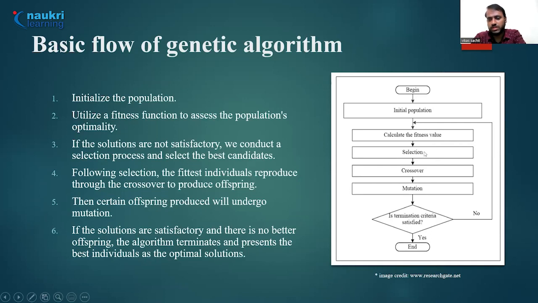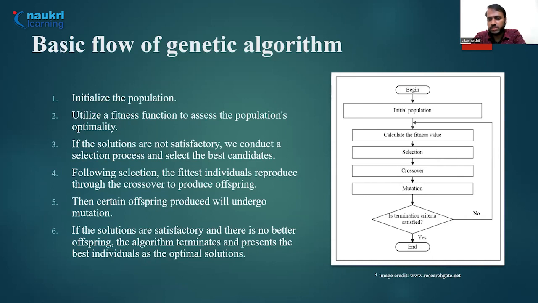After selecting the individual or chromosome which has the highest fitness score, we will do the crossover. After the crossover, we will do the mutation, like flip mutation or swap mutation. After the mutation, we will see whether the individual, gene or chromosome we obtained has satisfied our criteria or not.